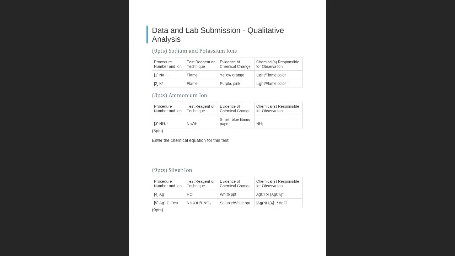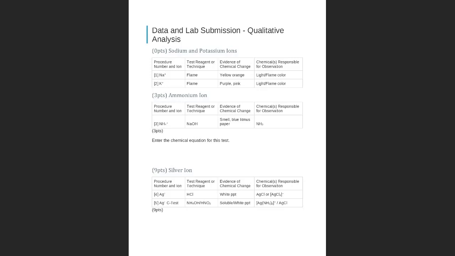So this is the report that you are going to see. Because you are not in the lab, you will be given all the information. If you are in the lab, it's a little harder because you have to do the experiment and take notes.